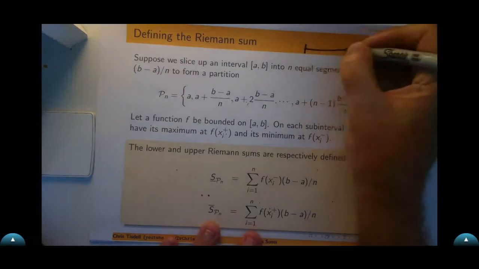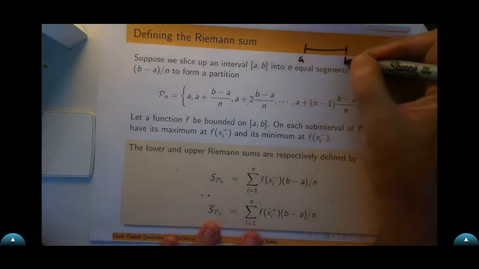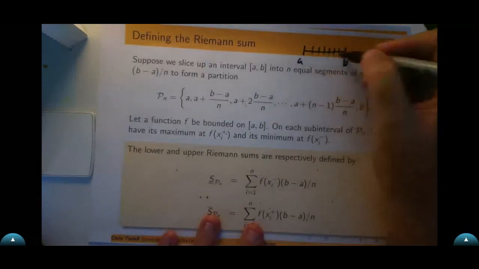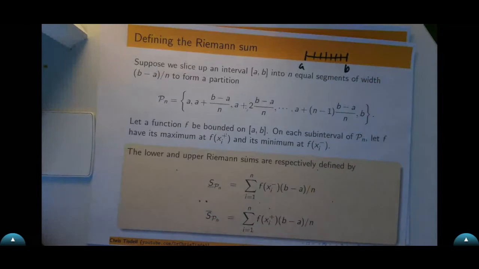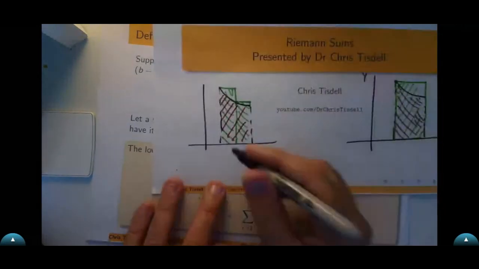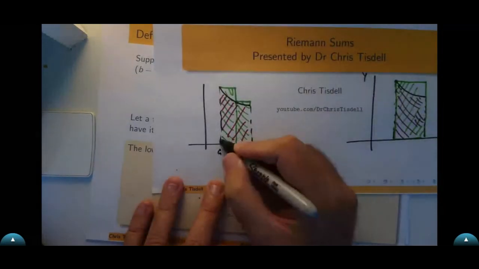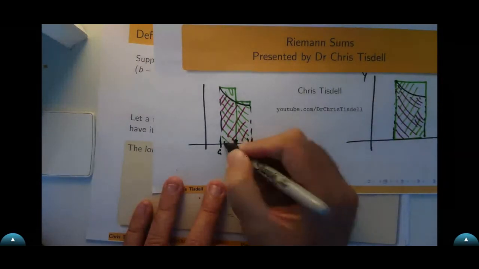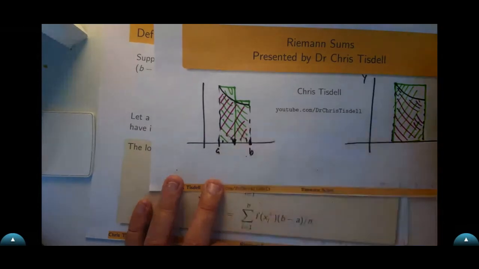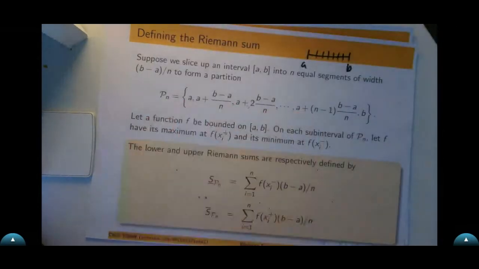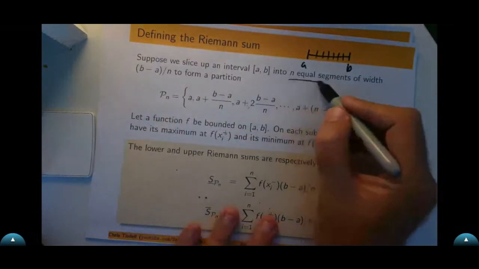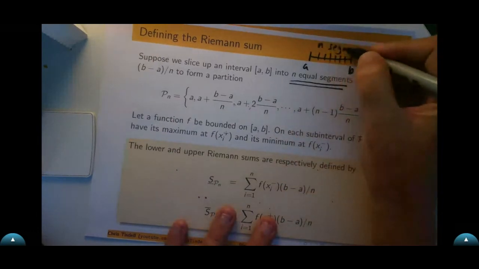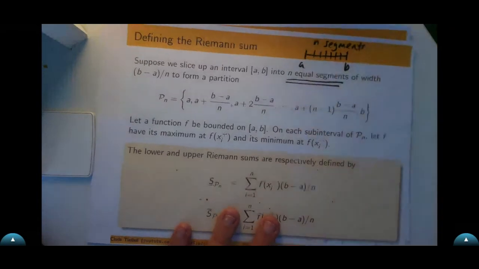Okay, so you've got an interval on the x-axis, and what you do is you slice it up into bits, right? Just like we took this interval and sliced it up into 2 bits. Here we had 1 bit, here we have 2 bits, here we have n bits or n segments, right?